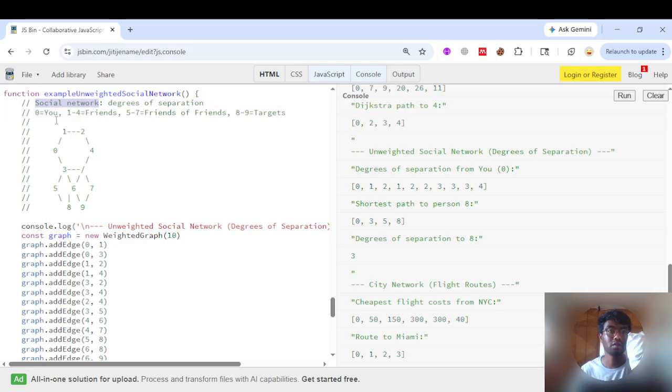of separation. So let's say 0 is you, 1 to 4 are all your friends, 5 to 7 are friends of friends, and 8 and 9 are maybe target friends, right?